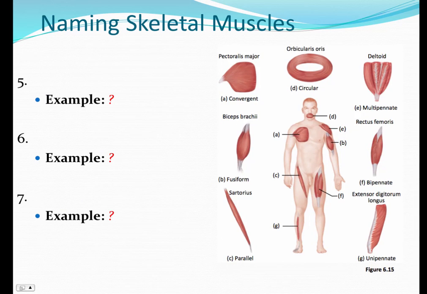Now, another way we can look at naming skeletal muscles is by the location of the muscle's origin and insertion. Here we have sterno, and the term sterno, as an example, means on the sternum.